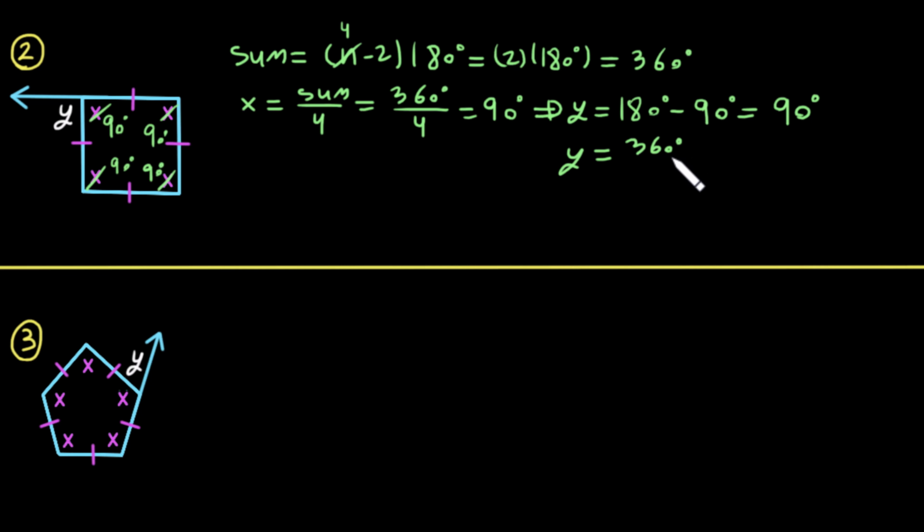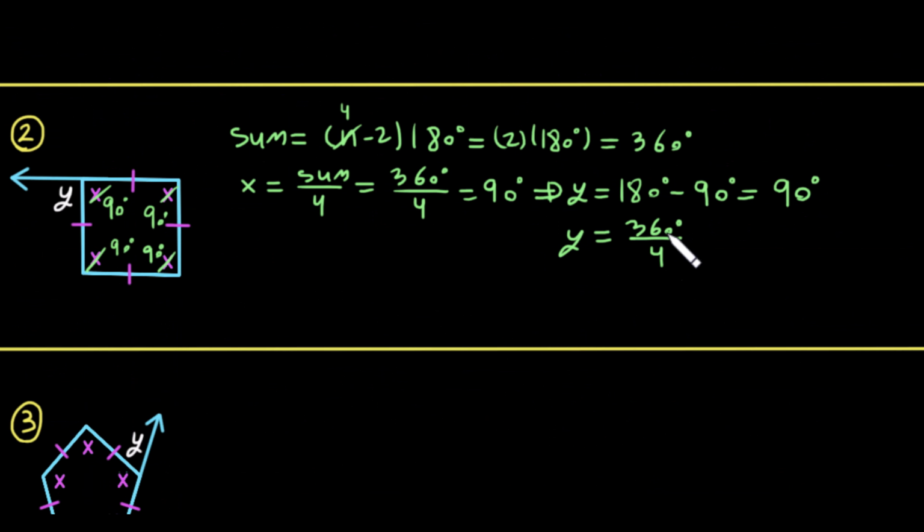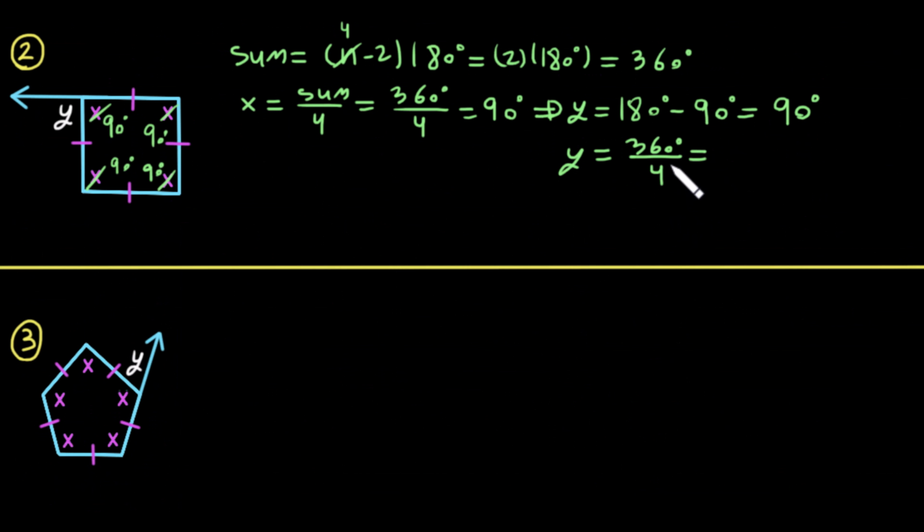So that's why here 360 degrees divided by the number of sides, or the number of angles. Here we have 4. This 360 degrees, we took it from here. So here 36 divided by 4 is 9, and here we put 0, then the degrees. So either you can find it like this, or like this, which is the same.